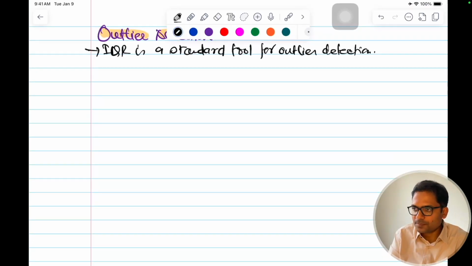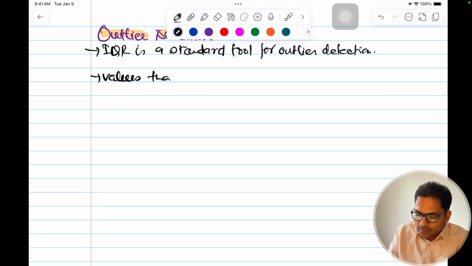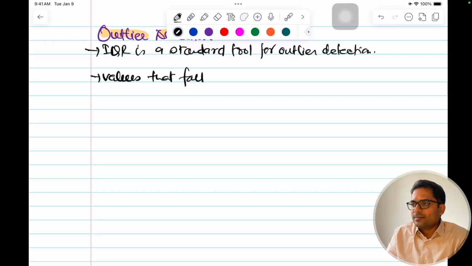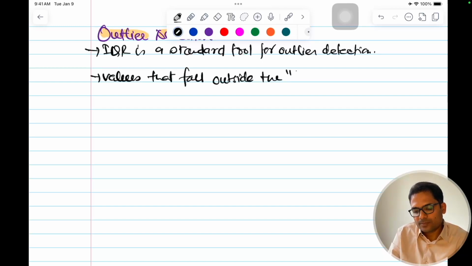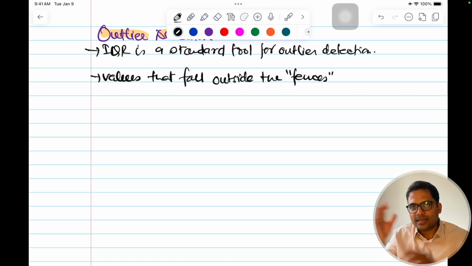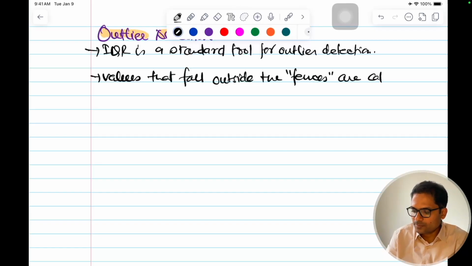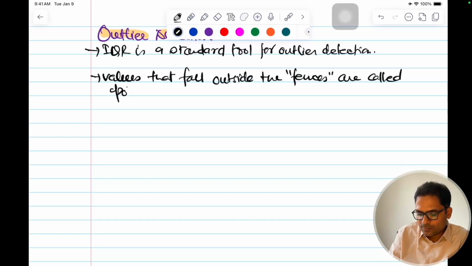So let's see. Values that fall outside the boundaries, the fences that I decide, are called potential outliers.